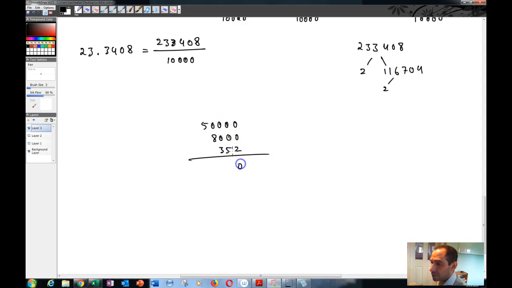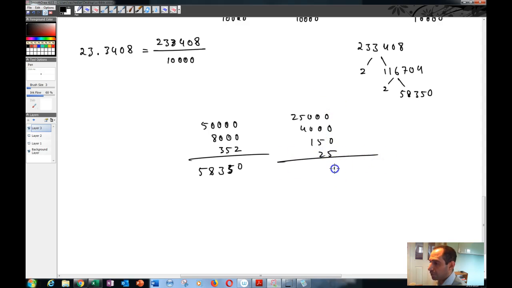Adding these together you get 58,352. Divide this by 2, you'll get 25,000 plus 4,000 plus 150, and so on, giving 29,176.